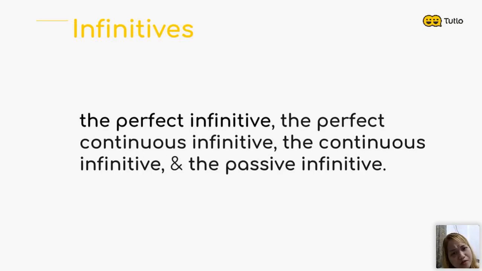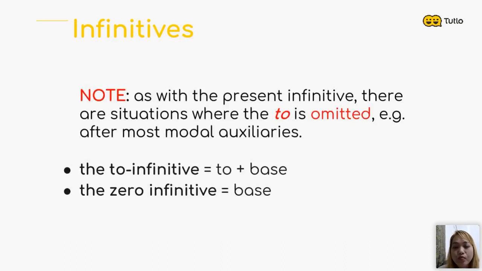Infinitive versus gerund, if you know it. As with the present infinitive, the base form, there are situations where to is omitted, after most modal auxiliaries. So the to-infinitive is to plus the base form of the word.